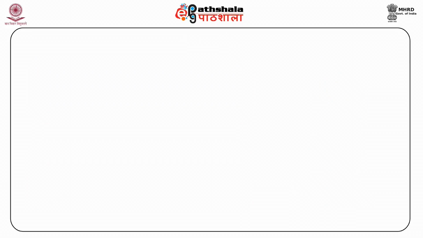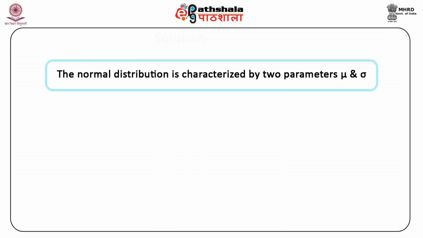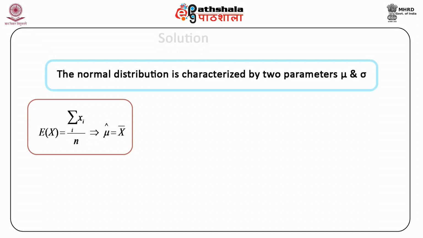The solution to the problem is the normal distribution is characterized by two parameters, mu and sigma. We need two equations to derive the two estimators. Equating expected value of x equal to summation xi by n, which implies mu hat equal to x bar. Thus, the sample mean x bar is the estimator for the population mean mu.